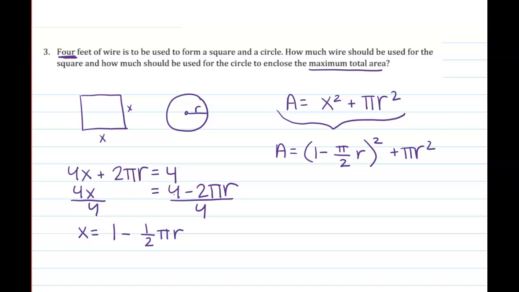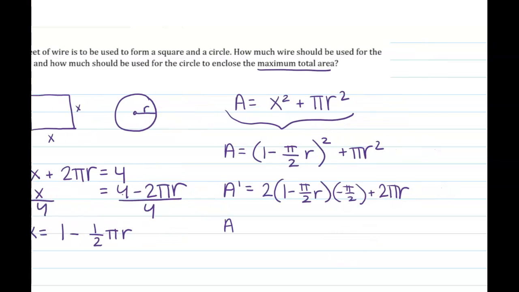Then we will differentiate. A prime is 2 times 1 minus pi over 2 r, times the derivative of the inside, which is negative pi over 2, plus 2 pi r.